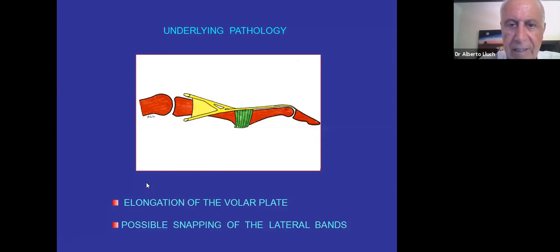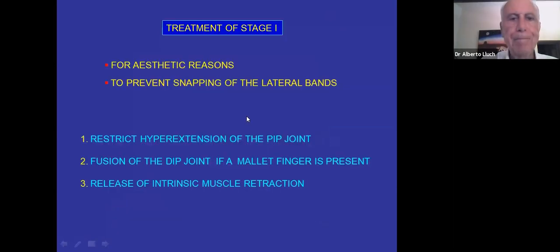When the lateral bands become excessively dorsal at the level of the PIP joint, they will snap. Instead of following the shape of the condyles, they will fall abruptly from the top of the condyle to the sides of the PIP joint.